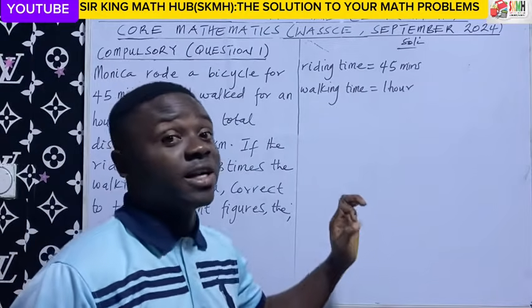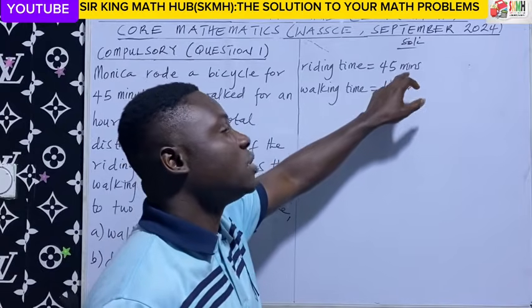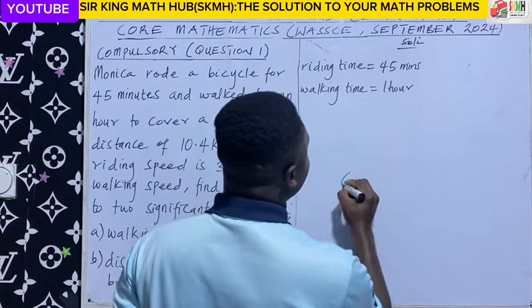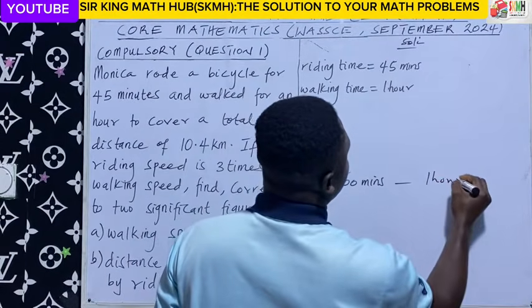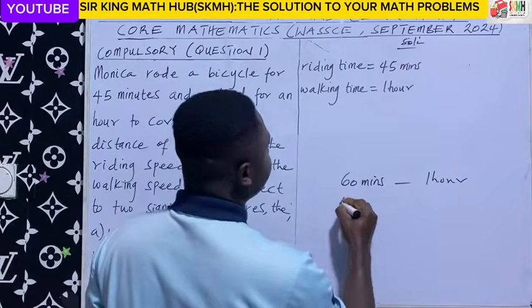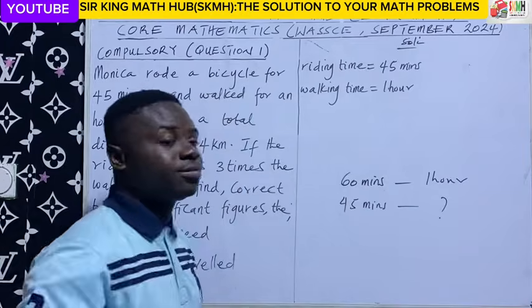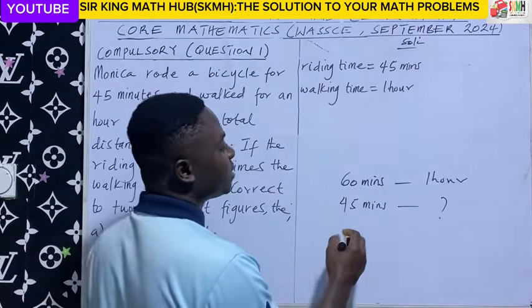So let's make sure that they have the same unit. I prefer changing the minutes to hours. Every 60 minutes is equivalent to 1 hour. Therefore, 45 minutes: at this point, you can apply proportion. If less, more divide.